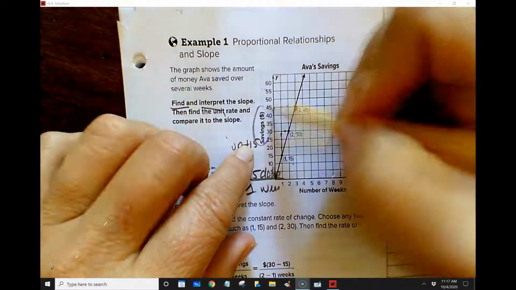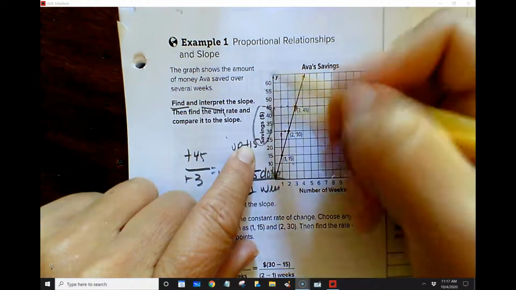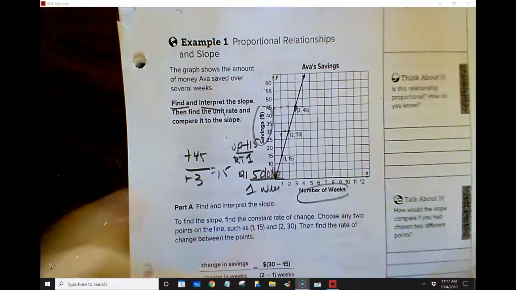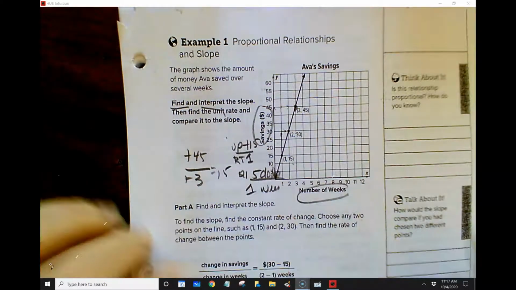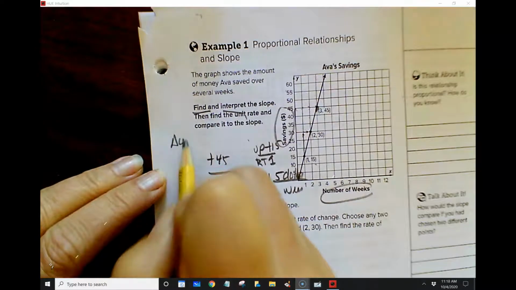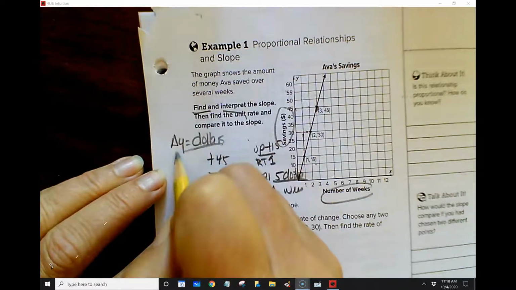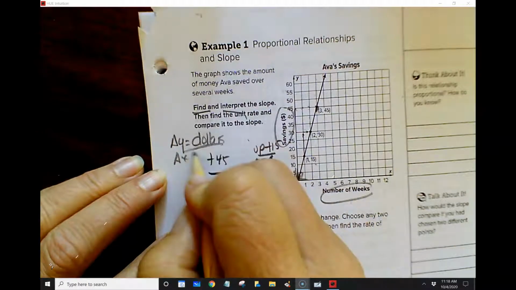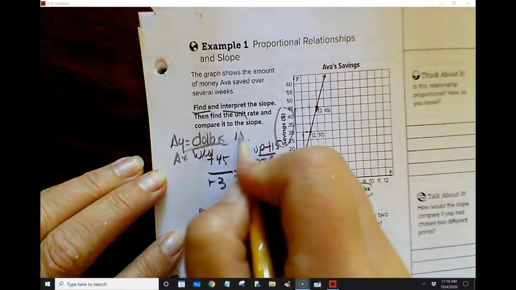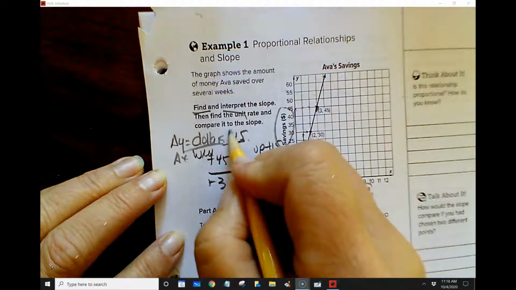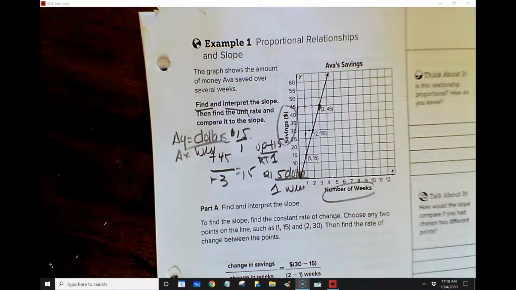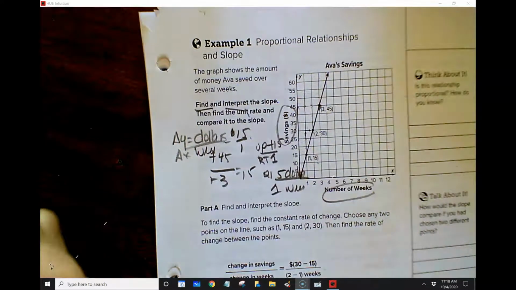So my savings, the dollar, is the vertical. Weeks, almost always time will be your horizontal axis. So my change in Y, my dollars, over change in X, weeks, is $15 per week. That's how much she's saving, $15 per week.